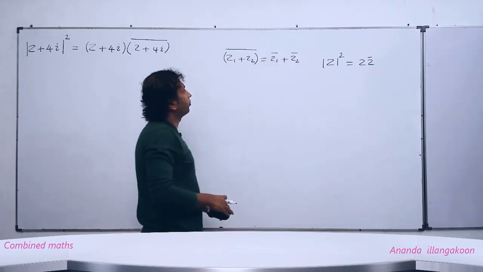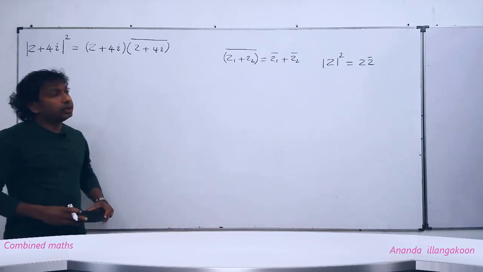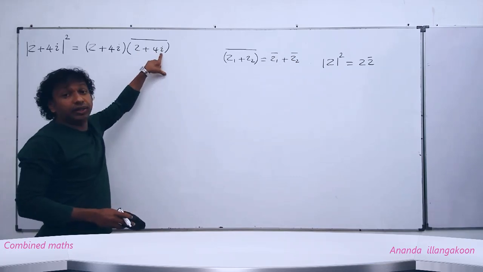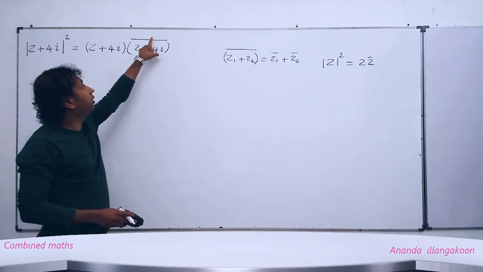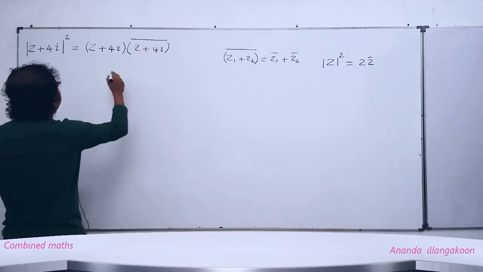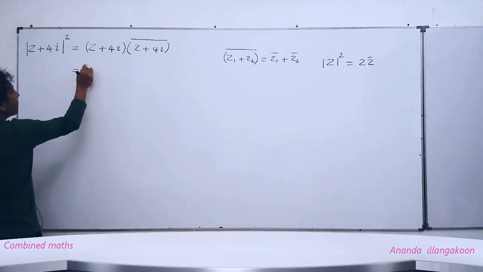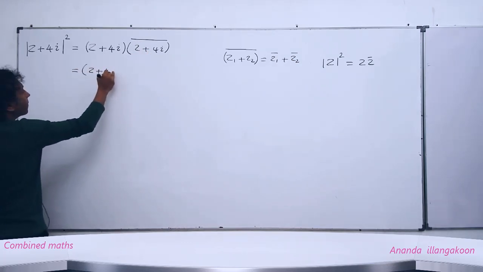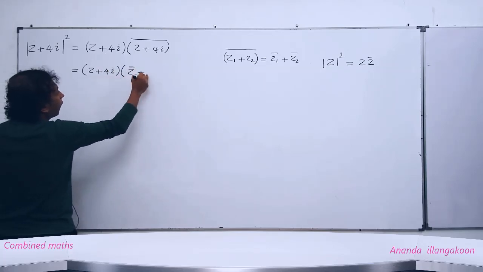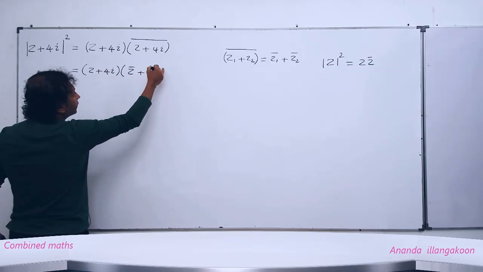So here, this z is a complex number, and 4I product is a complex number. Then that conjugate we can apply on this and this both. Write like this.